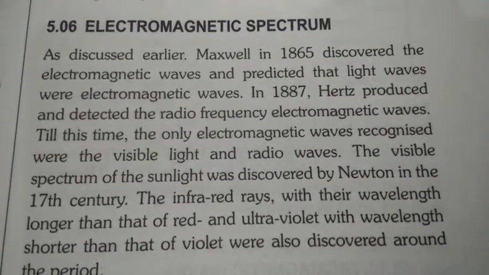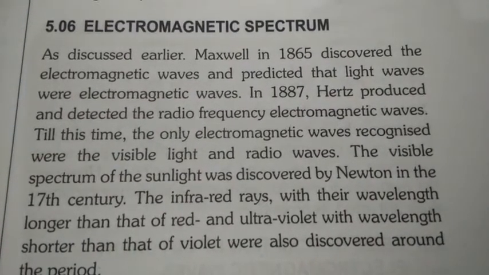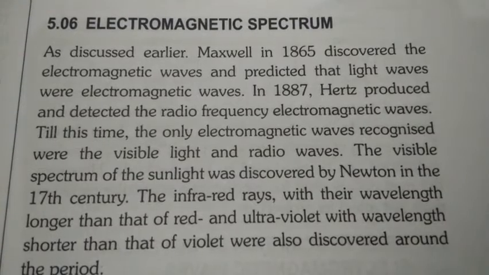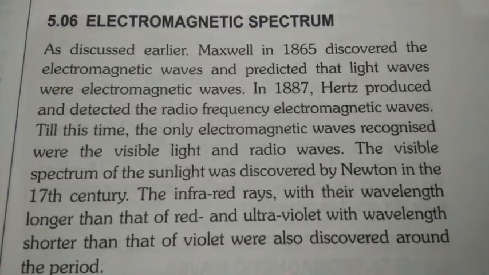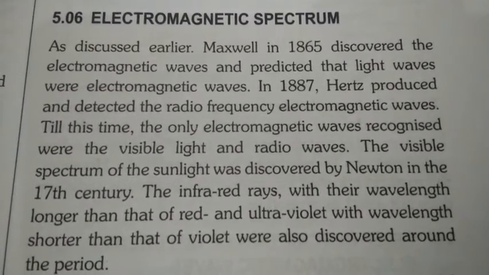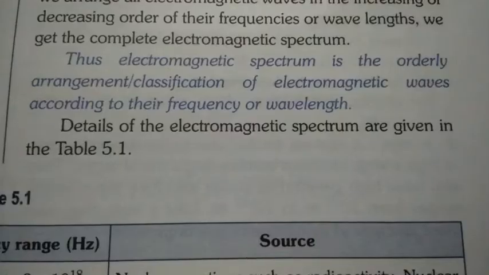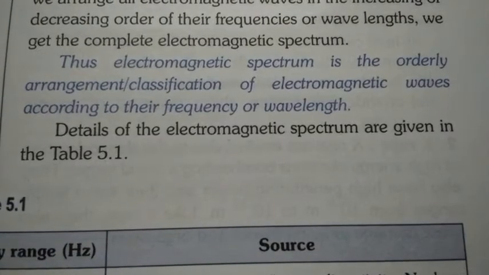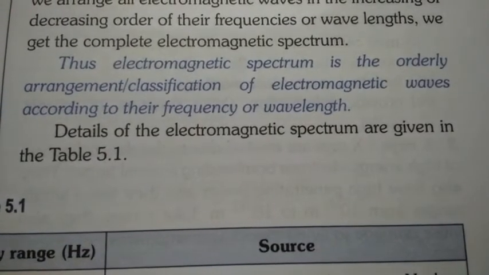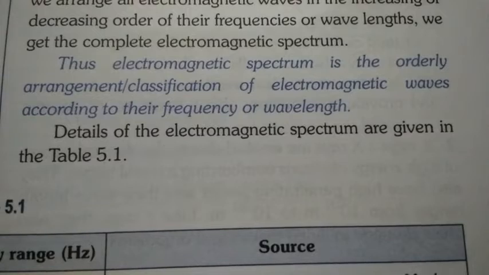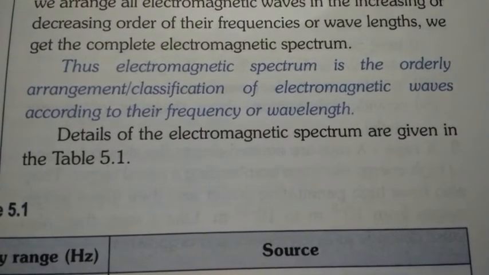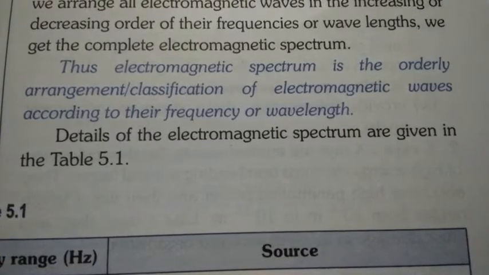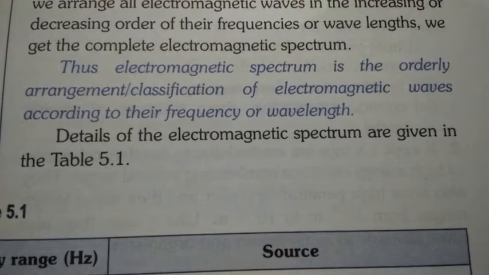Now the next topic is the electromagnetic spectrum. This spectrum was predicted by Maxwell, and then Hertz added so many other things in that. What is a spectrum? In the tenth point, we have seen that the nature of electromagnetic waves depends upon their frequency. So different types of EM waves having different frequencies have different properties and are used for different purposes.